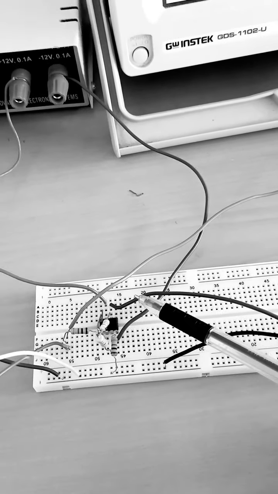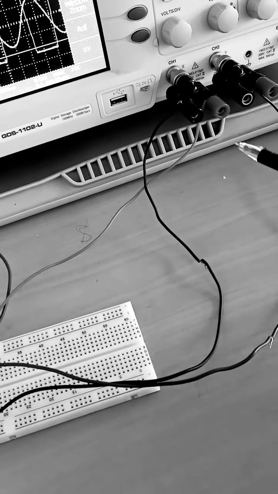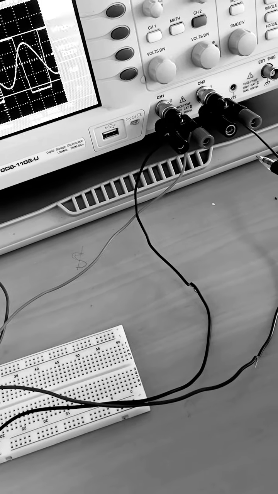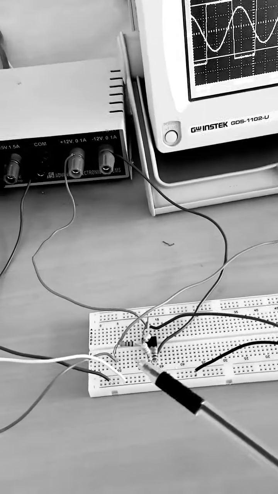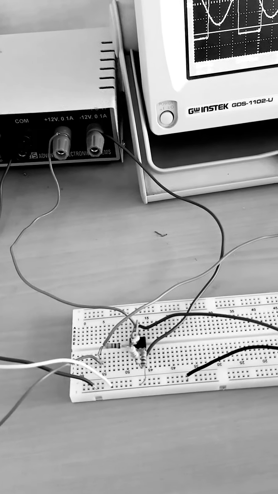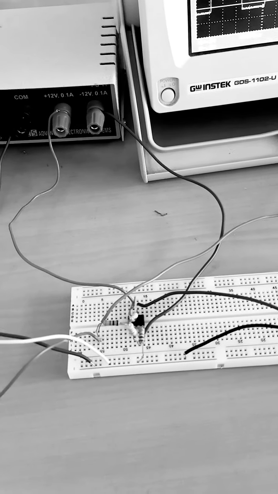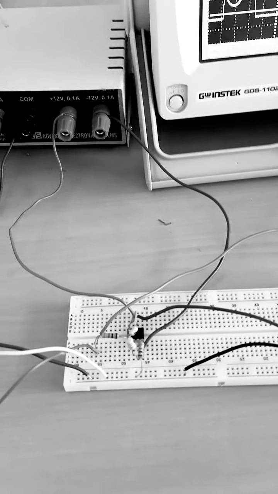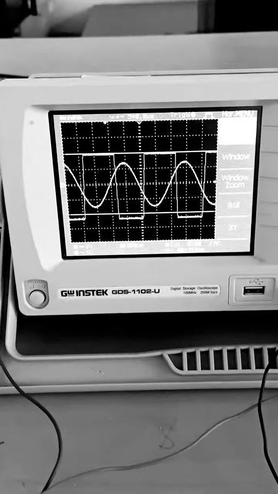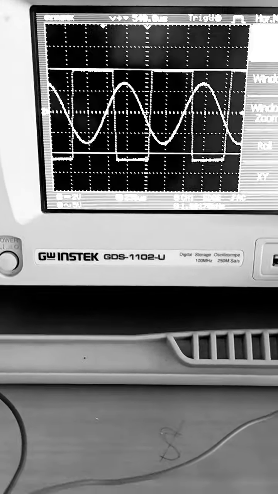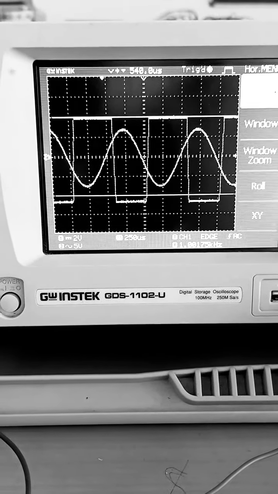At pin number 6, we have taken out and connected to channel 2 of the DSO. Channel 1 is connected to the input terminal, that is pin number 2, to get both the waveforms on the same DSO simultaneously. So let me remind you, we have assumed UTP and LTP as plus 4 volt and minus 2 volt respectively.